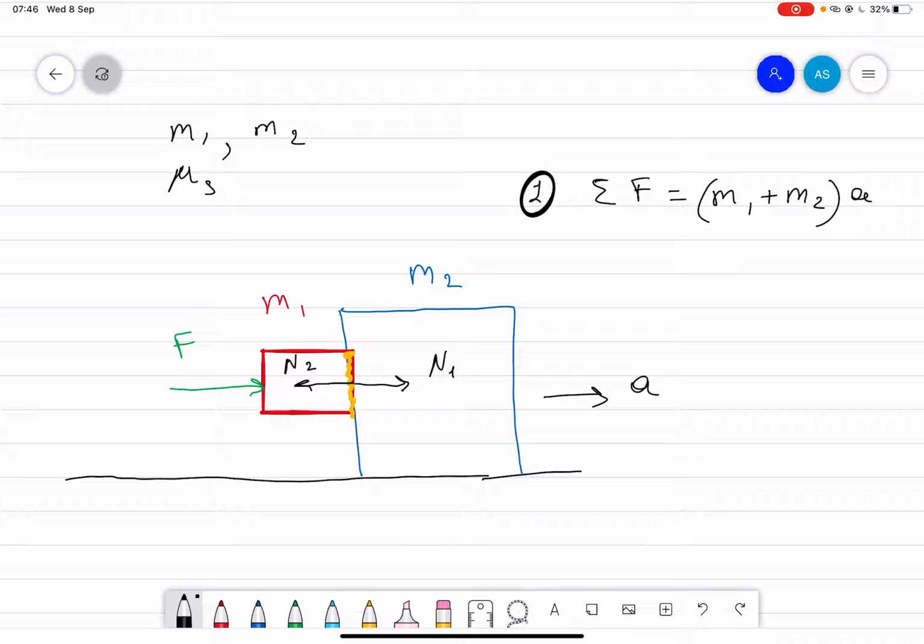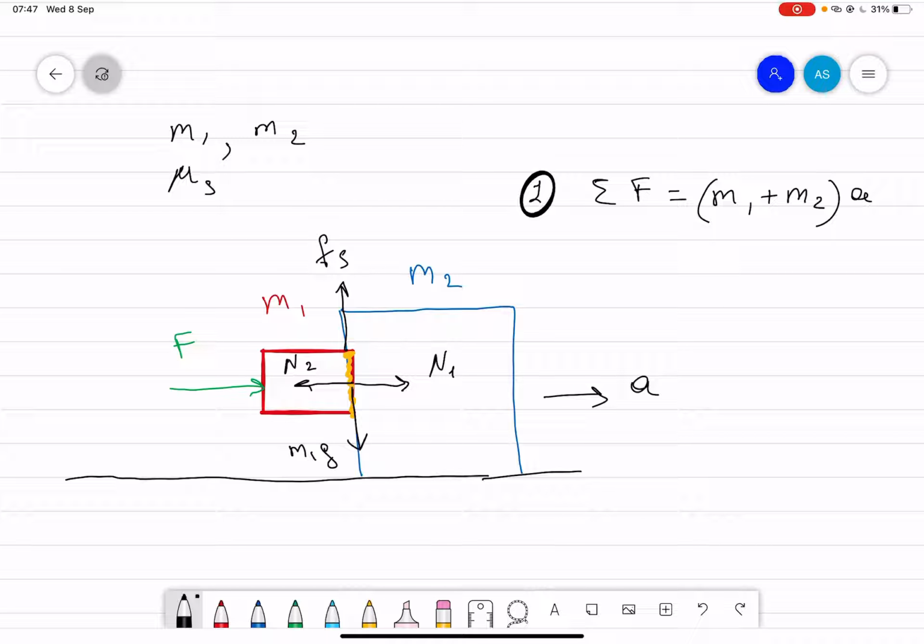Then we have static friction, which is always against the motion, so it will be upwards, and the balancing force against static friction will be the weight of m1, m1g.